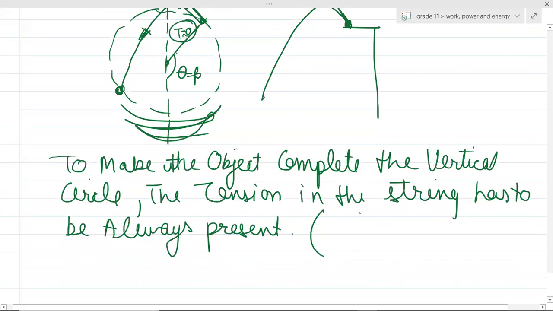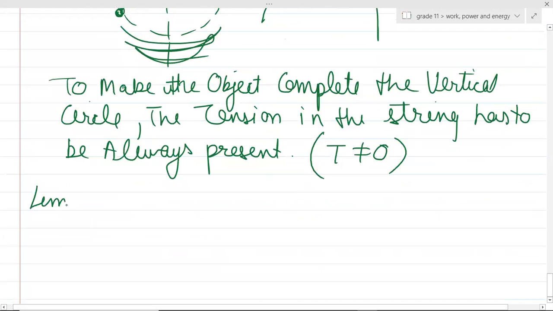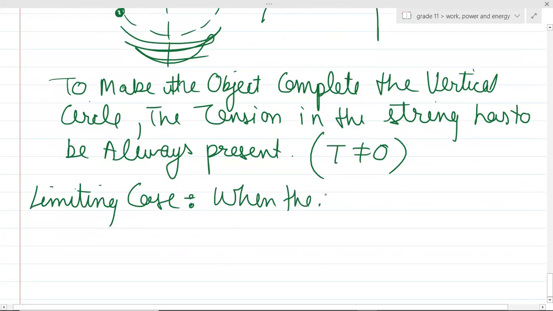The tension cannot be zero. What is the limiting case?